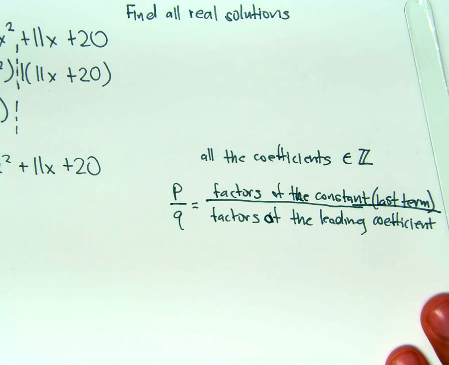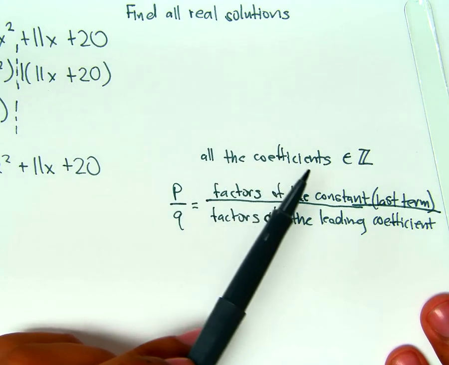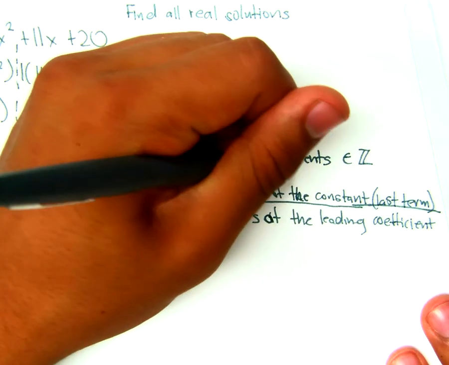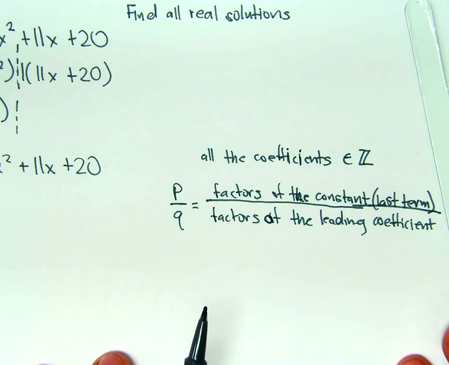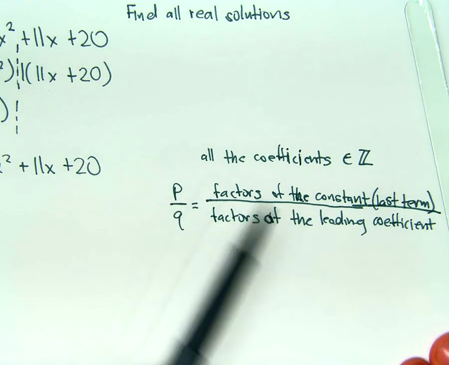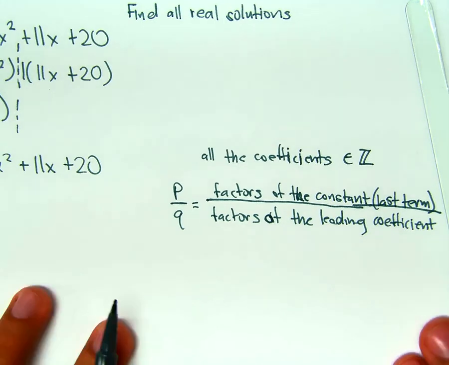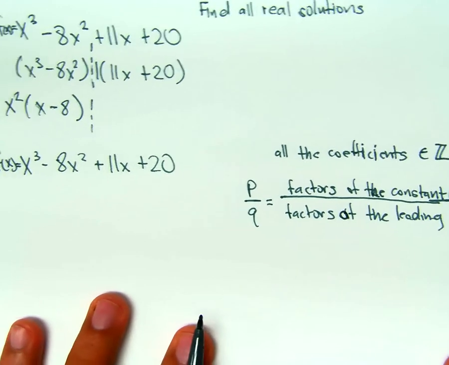Okay, and this is the case when all of our coefficients are integers. Now what that's saying is when we find P over Q, whatever we get, those are all the possible solutions.